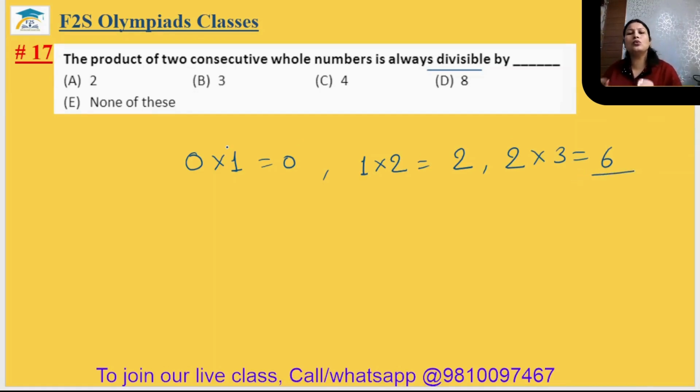So actually two consecutive whole numbers means there is a pair of one odd number and one even number, and if there is one factor as the even number, then the product will be divisible by 2 also. It is definitely divisible by 2. So 17th answer is A.